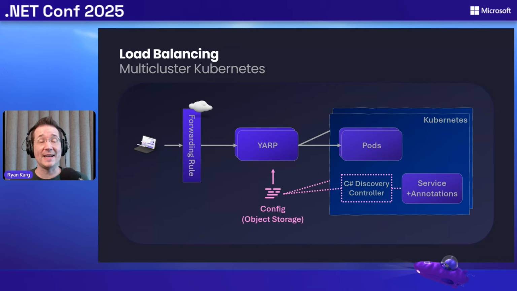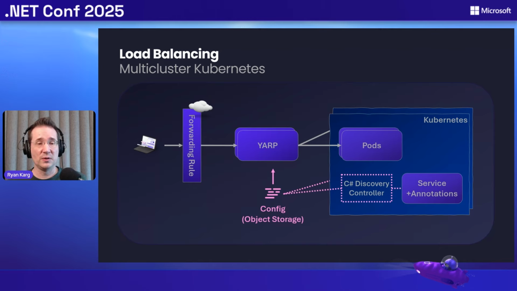So you can check that out to see what that portion of it entails. The reason we don't use that controller is because it as well assumes that it's working with one cluster that's configuring the Yarp proxies. And so what we needed was a way to get these multiple config pieces and somehow get them merged together into the proxy.